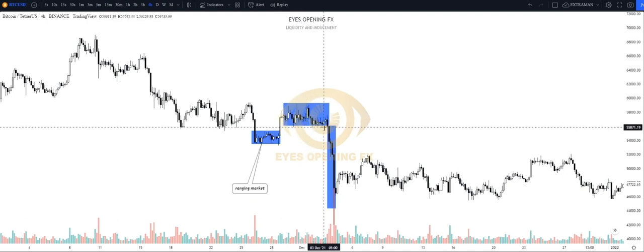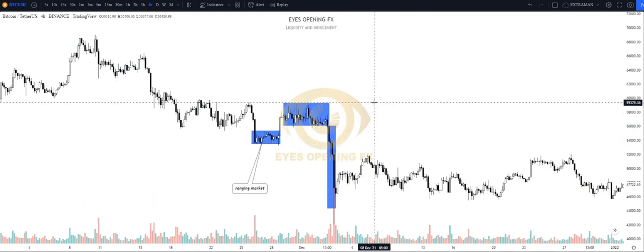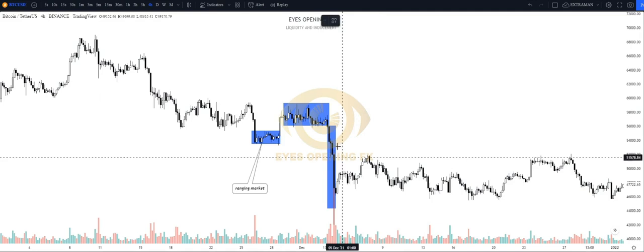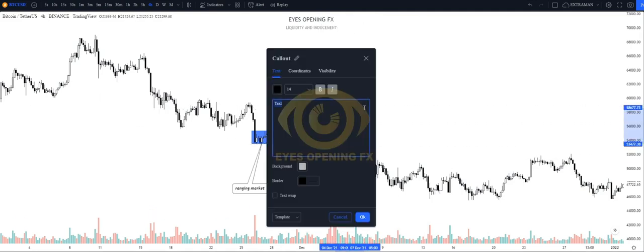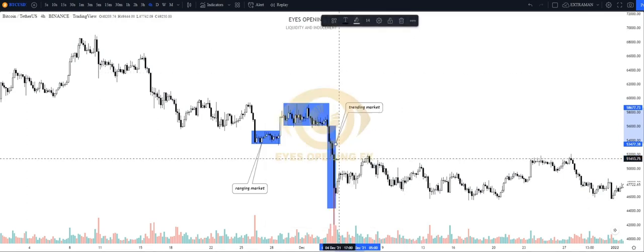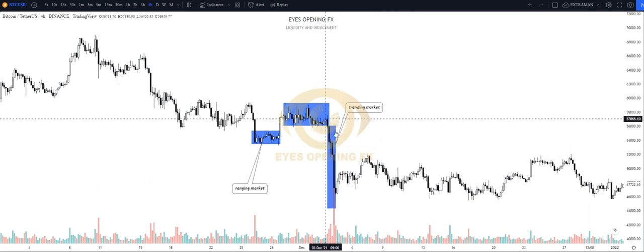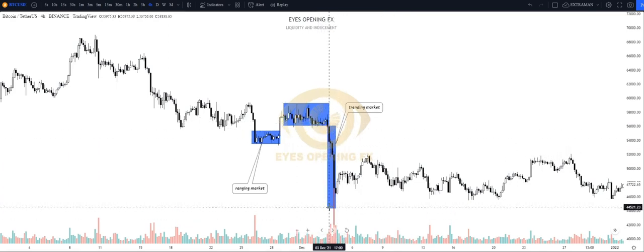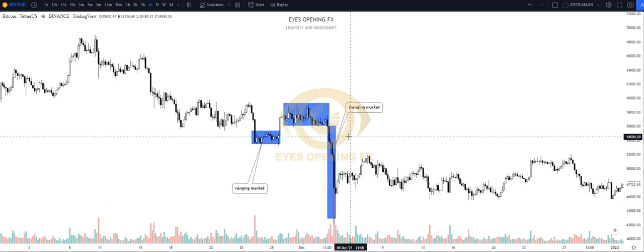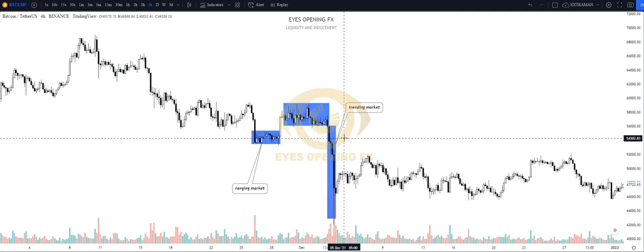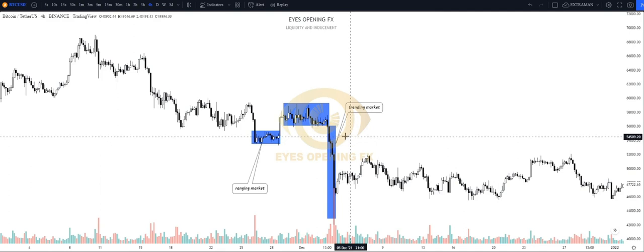After the ranging market, the market went into a trending market. Why? Because it has a direction, just like we said. This is a trending market because it has a direction. The market having a direction shows you what the market is actually doing.